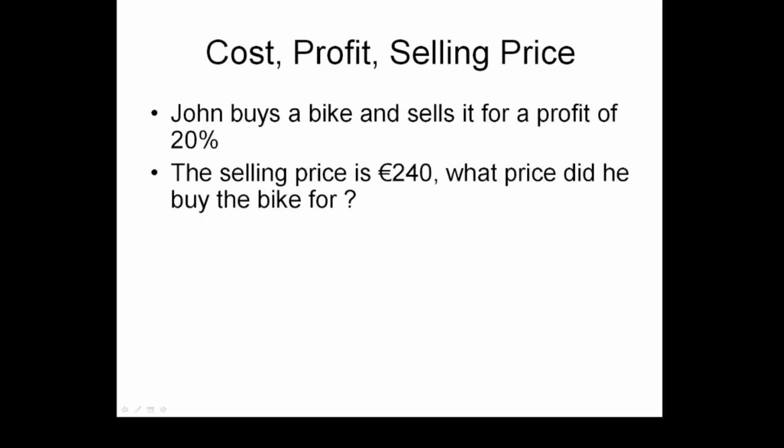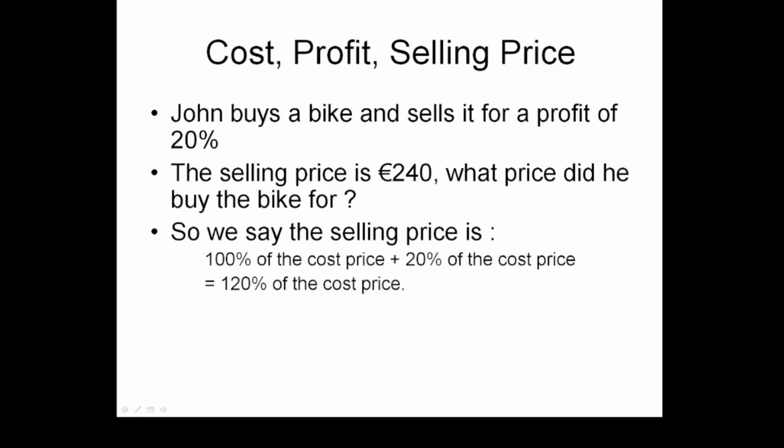Let's bring that back to cost, profit and selling price. John buys a bike and sells it for a profit of 20%. The selling price is €240. What price did he buy the bike for? Again, that profit is 20% of the cost price. We say the selling price is 100% of the cost price, the cost, plus 20% of the cost price, which is our profit, gives us 120% of the cost price.